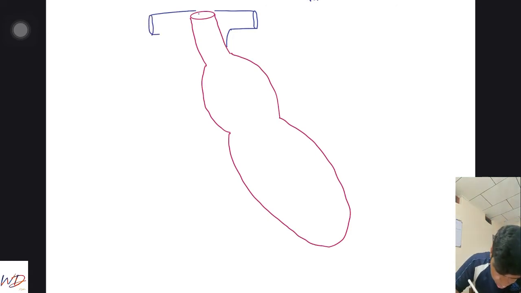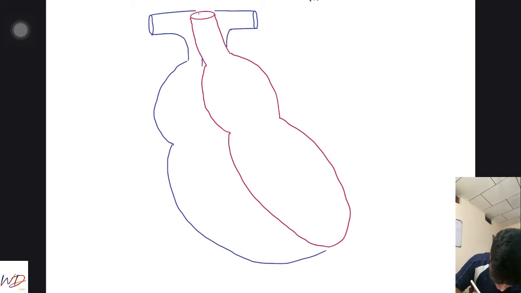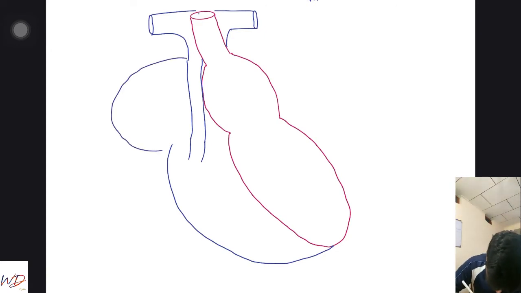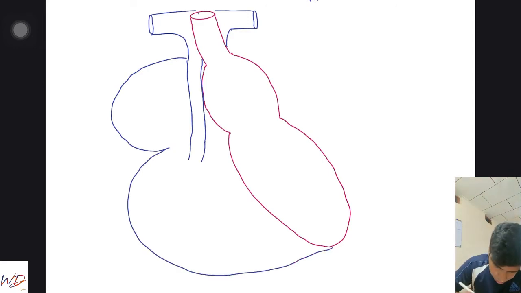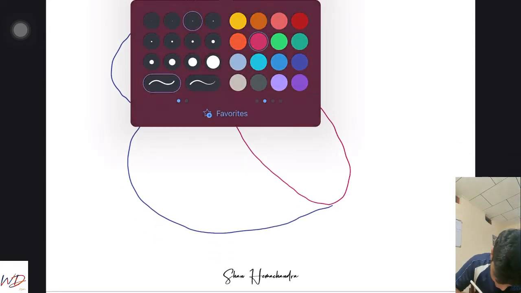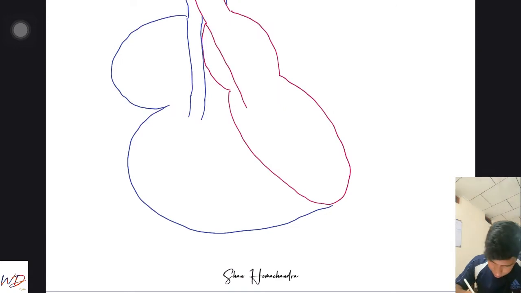What I will draw now is the right side of the heart. Let me draw the atria a bit bigger. Ventricle too.